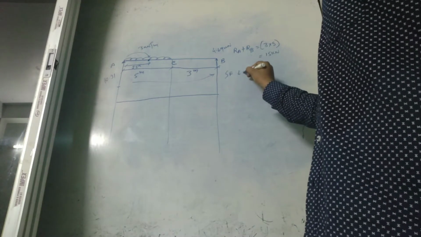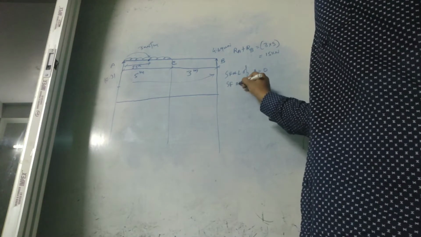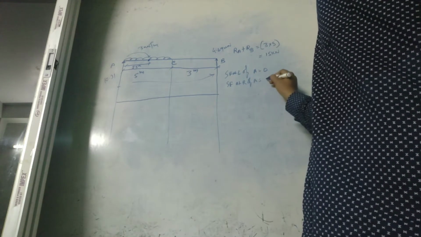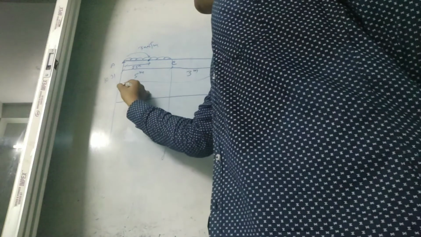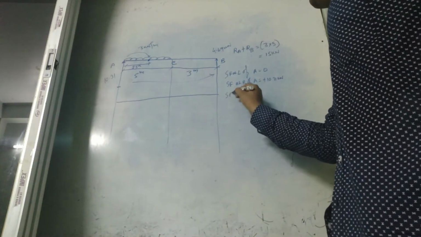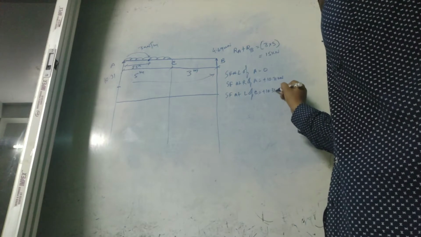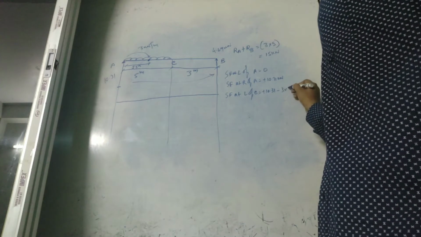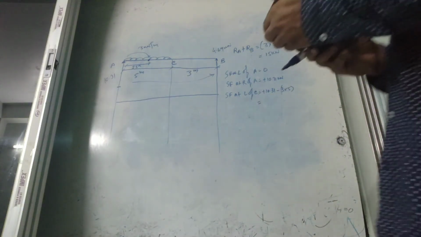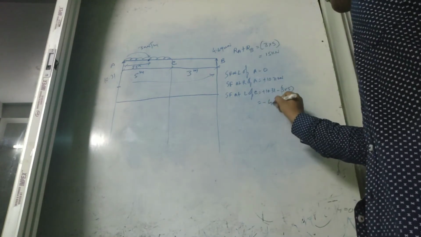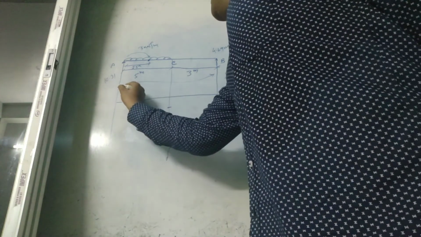Shear force at left of A equals 0. Shear force at right of A equals plus 10.31 kilonewton. Now shear force at left of C equals plus 10.31 minus 3 into 5, means 15. So 10.31 minus 15 means minus 4.69 kilonewton. So this is minus 4.69.